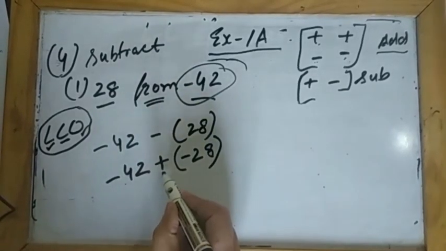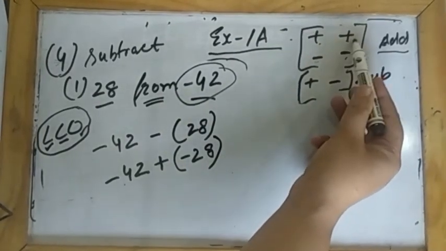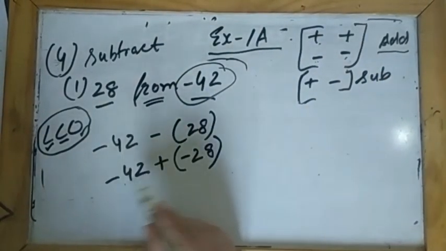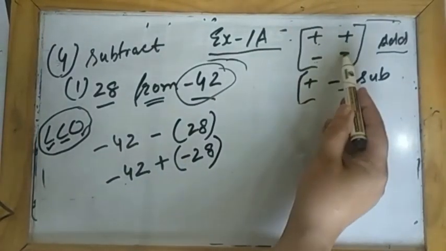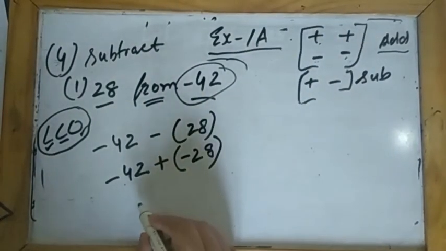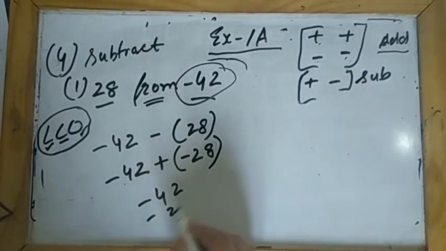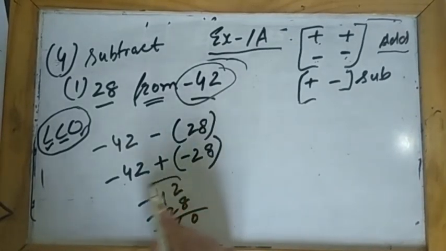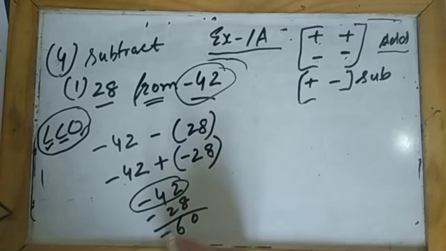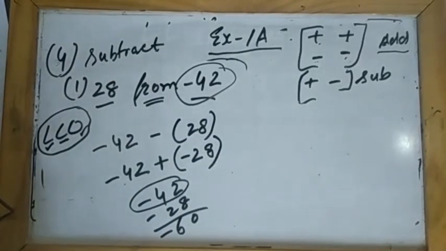And now this becomes a sum of addition, and we have the same rules for addition. Now here both the numbers are negative, so when you have both the numbers negative, you have to add them. And the sign is of the bigger integer, which is negative, so your answer will be -60.